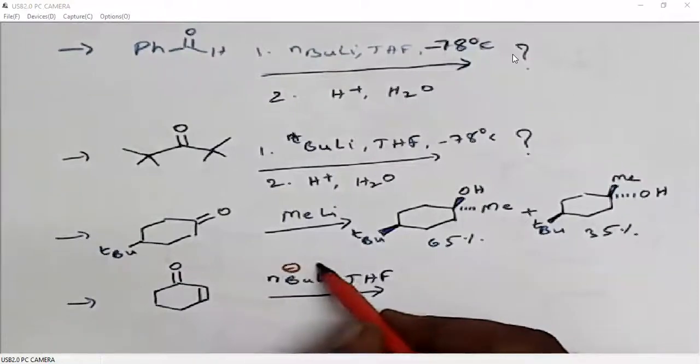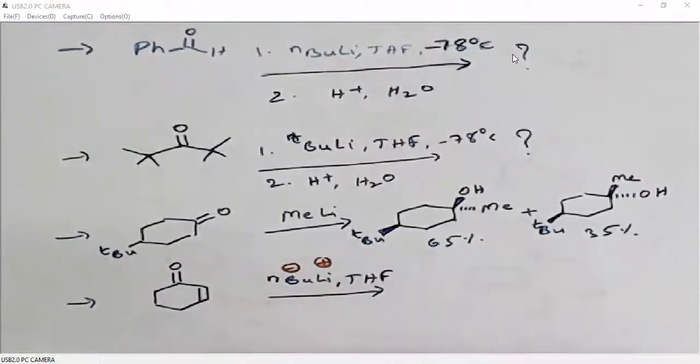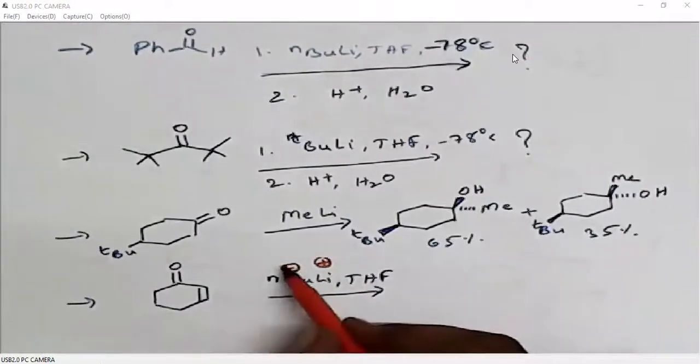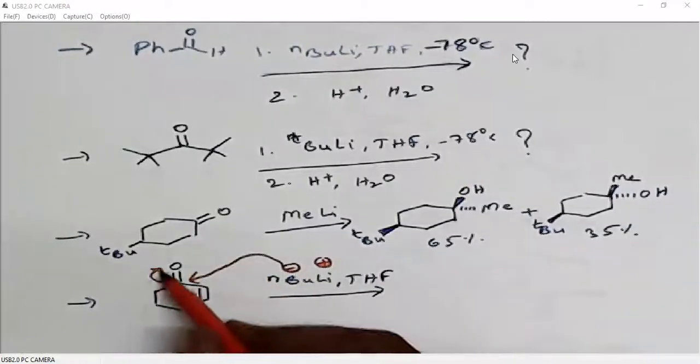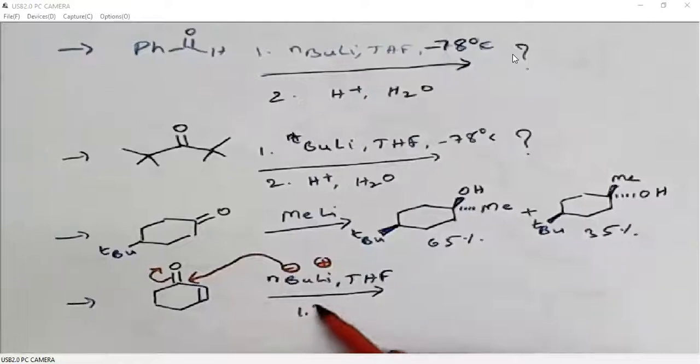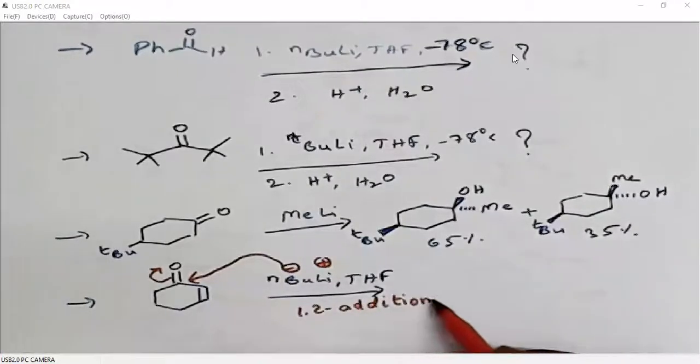Since alkyl lithium reagents are strong nucleophiles, they will always undergo 1,2 addition. So that means they will directly add to the carbonyl carbon. You predict the product here.